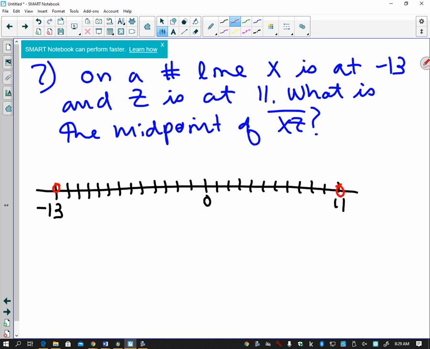Add them together. So negative 13 plus 11. Absolute value, very good. Absolute value of negative 13, close, not quite, minus 11. What are we going to do with that value?